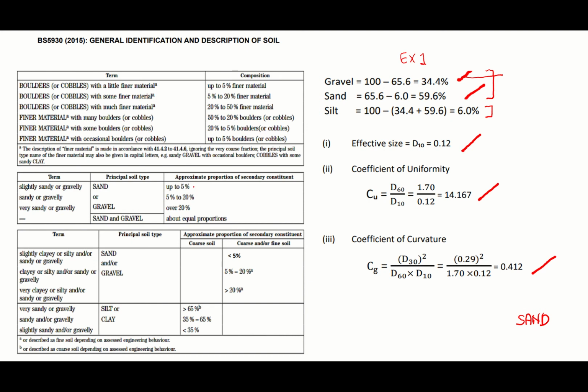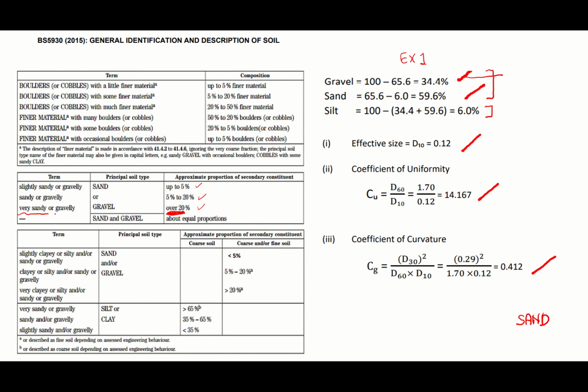Either your gravel is up to 5%, or your gravel is 5 to 20%, or your gravel is over 20%. Right now the gravel is 34.4%, so we know that it is over 20%.